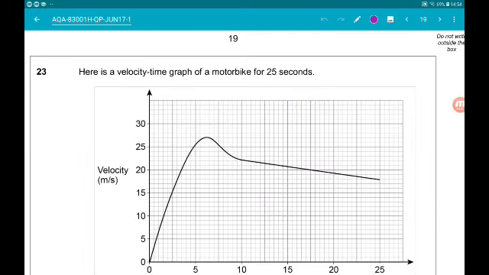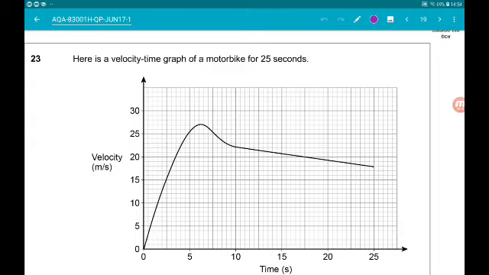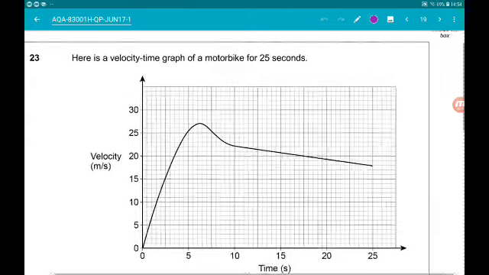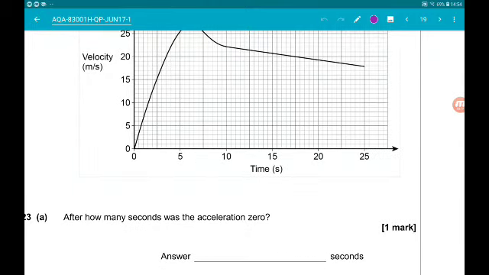Okay, 23. We have a velocity time graph for a motorbike over 25 seconds. So we've got velocity going up the side, time going along the bottom. Part A asks us after how many seconds was the acceleration 0. So acceleration is 0 where the gradient of the curve is equal to 0.